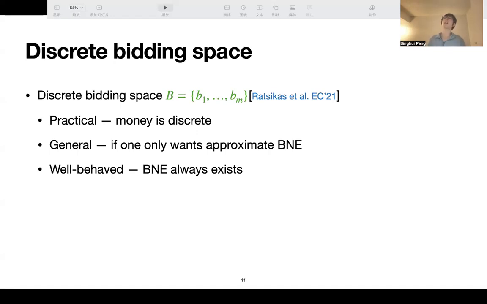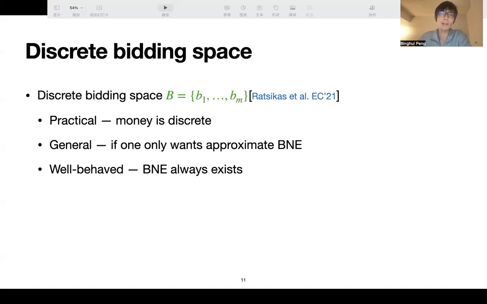That is, the bidder has the right to bid 0. This setup was first formally proposed by the work of Filos-Ratsikas et al. in EC 2021 in order to formally study the computation complexity. So now the output is some discrete values, so one can formally study the computation complexity on it.